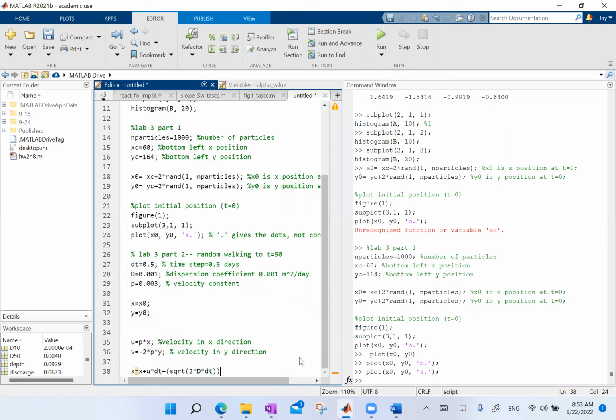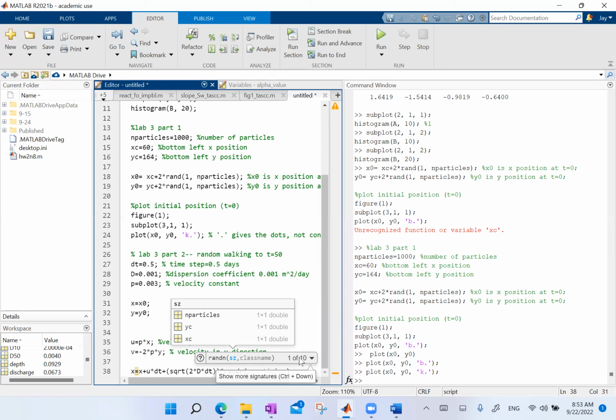And that's underneath the square root and inside the parentheses. And outside, we're going to have an epsilon. In this case, we're going to use a normal distribution because we want each particle to have the freedom to move around. So times randn. And in this case, randn is going to be the number of particles.